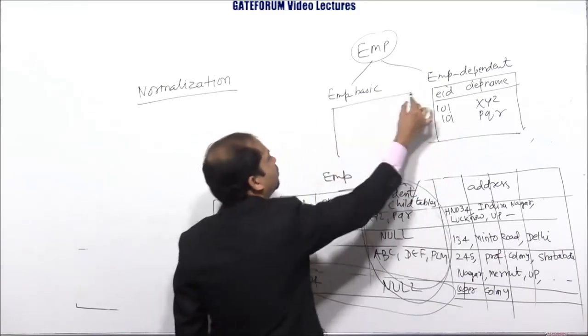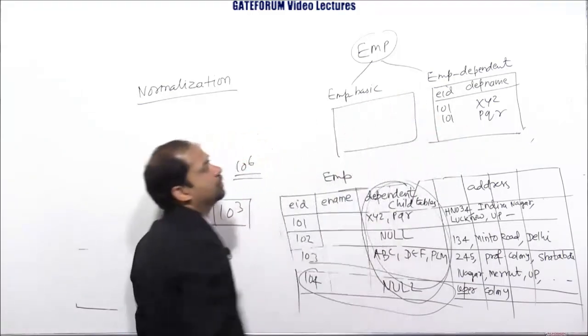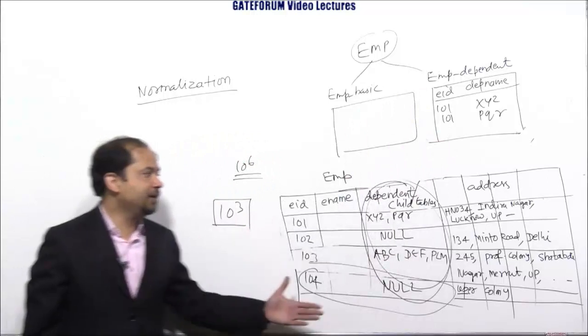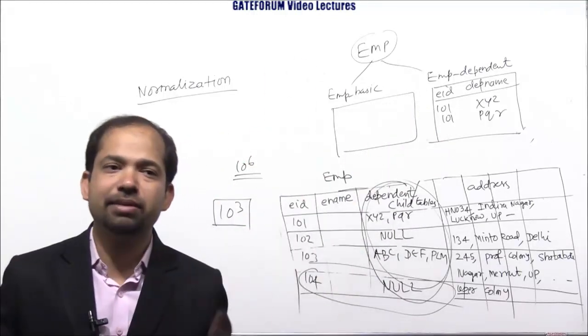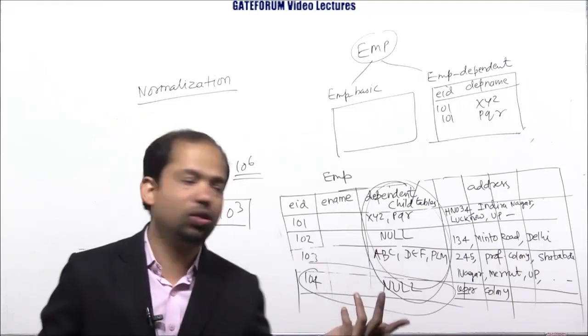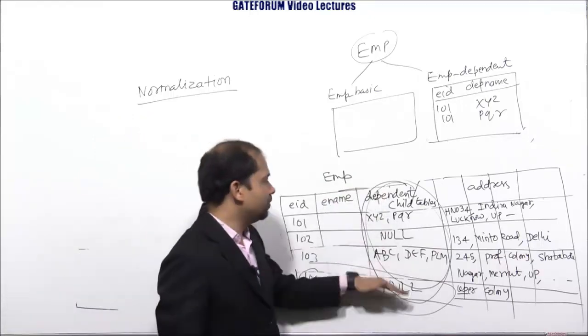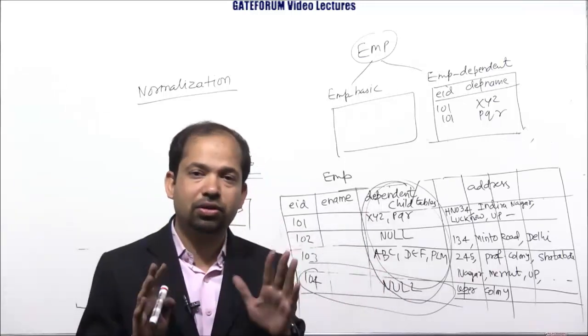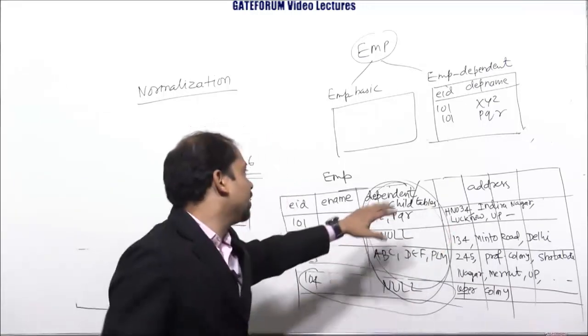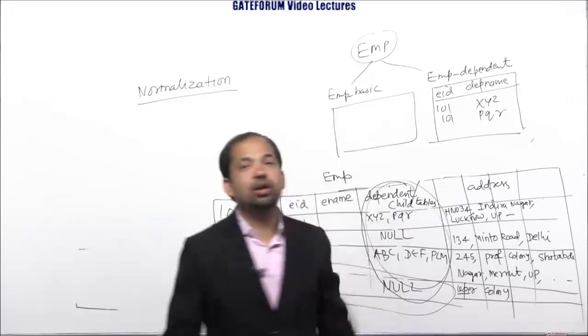So we remove dependent from the original table, and we are saving null values. If maximum entries are null, then it is not worth storing this column in this particular table. So let's separate out this column and make a new table for it.